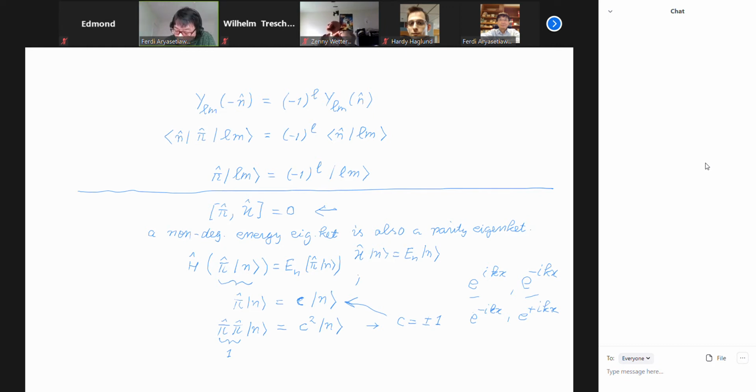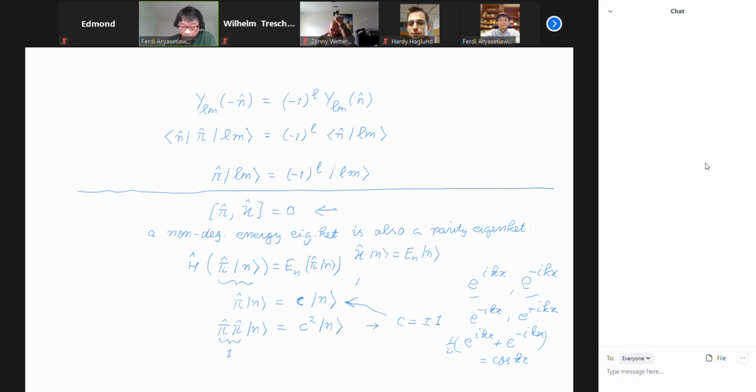But of course, we can form linear combinations of these two that give us the correct parity. So if we form e to the ikx plus e to the minus ikx, so that gives us then the cosine, just 1/2 here, of course. That will be a cosine kx, which is even. And if I take the minus, it will give me a sine kx, which is odd.